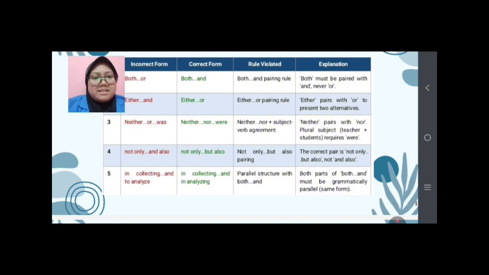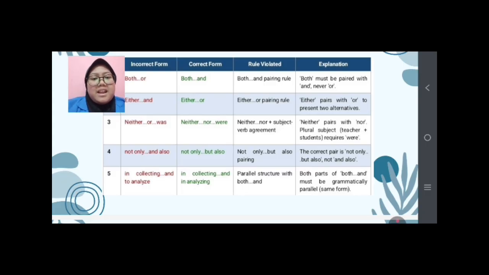Neither or was, neither nor were. Neither nor plus subject-verb agreement. Neither pairs with nor, plural subject, teacher plus student, were. Not only and also. Not only but also pairing. The correct pair is not only but also, not and also.